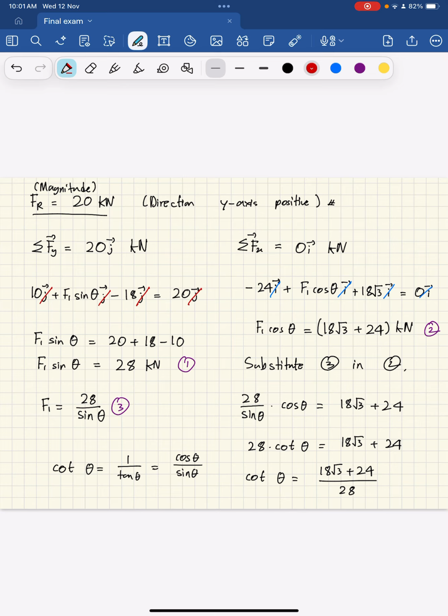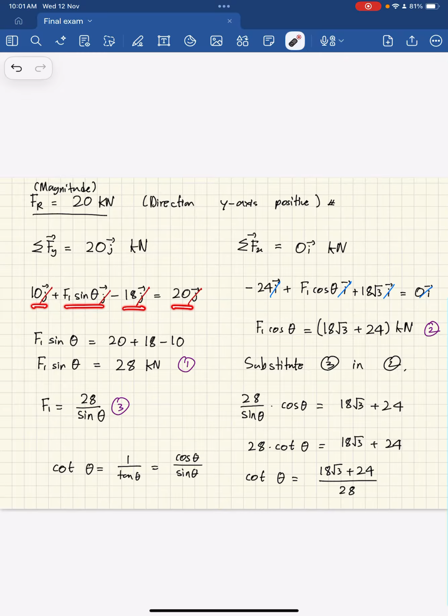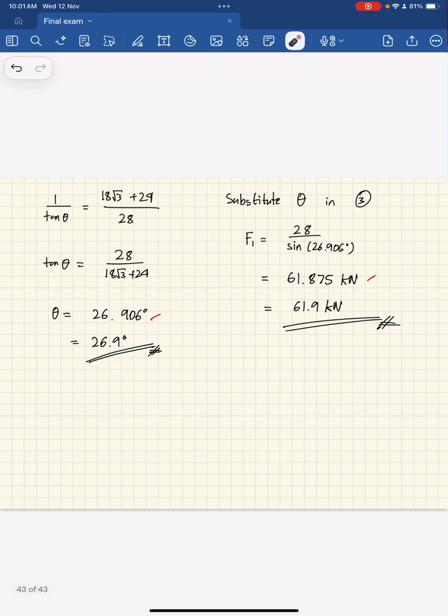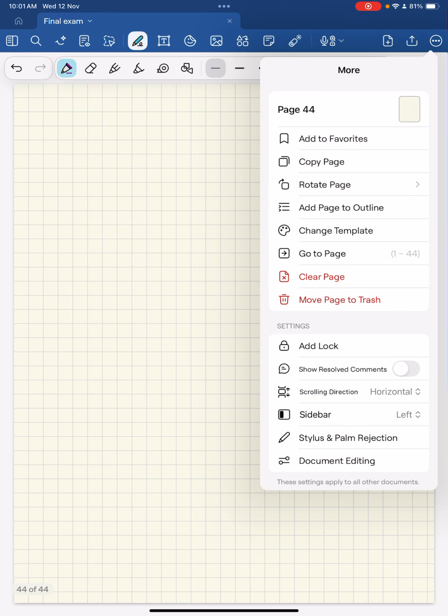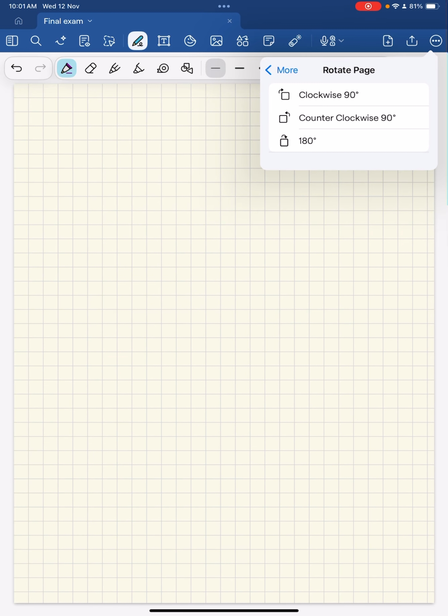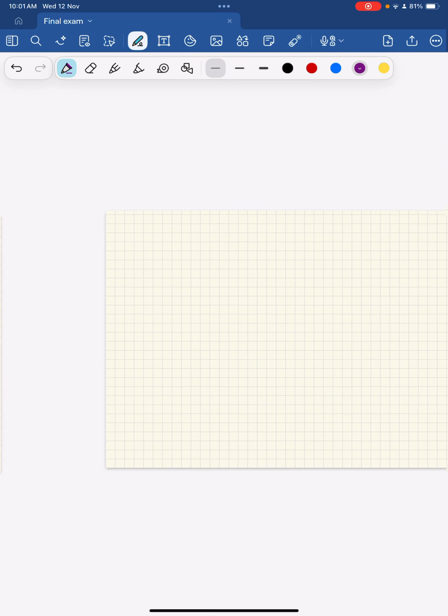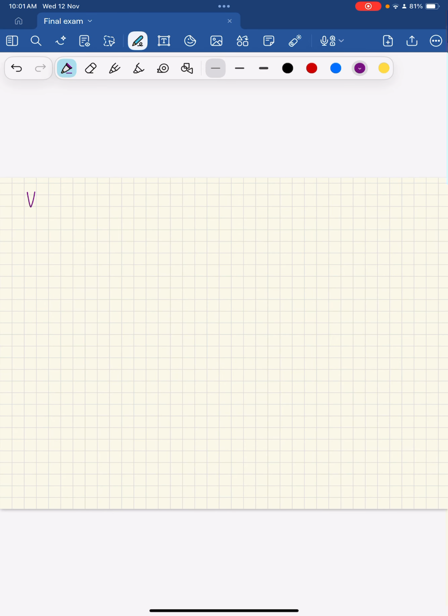For the first equation, we have to show that 10j plus this one minus this one is 20j. So this is for verification. It's not really important, but it's very good to verify. You can do it mentally, but I'm just going to do it real quick to prove it.